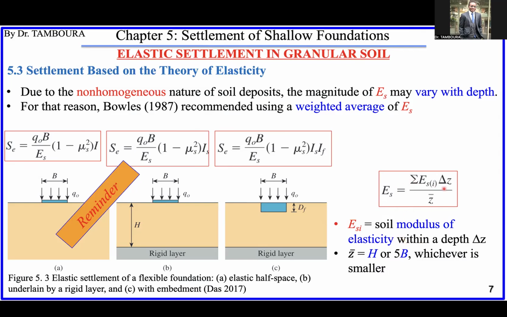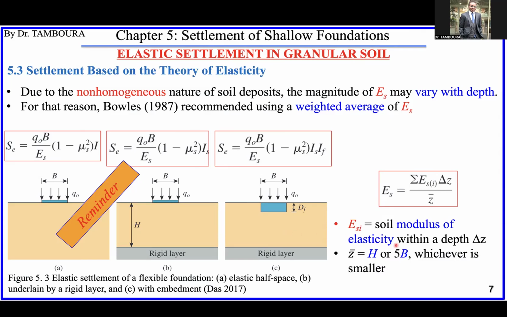The averaging method is this one, okay? Because it's difficult to have a uniform soil when you are dealing with an actual project, an actual construction site, okay? So for that, it was suggested to use an average modulus of elasticity, okay?